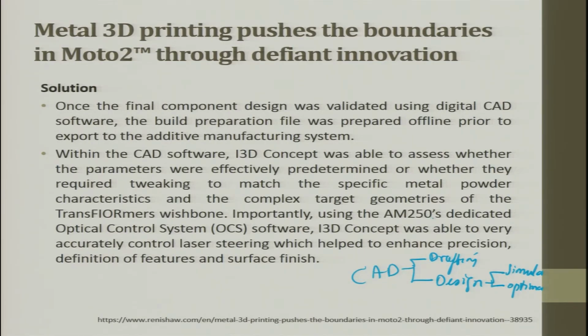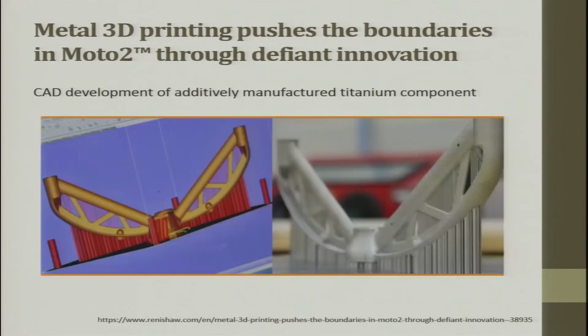Importantly, using AM250 dedicated optical control system software, i3D concept was able to very accurately control laser steering, which helps enhance precision and also controls the surface finish. So, this is a CAD developed for additive manufacturing using titanium, and here is the part, this is the CAD. Look at it, how much have you reduced?